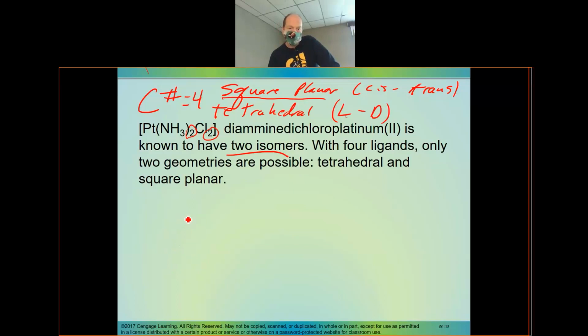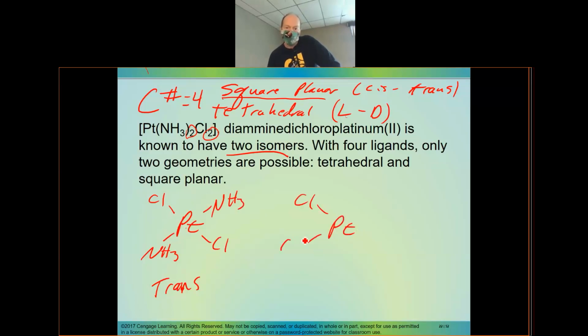And so you will have your platinum, and then you can put your Cls 180 degrees apart, which is then called the trans isomer. Or you can put them 90 degrees apart in a square planar, and that is cis. And so you have your cis and your trans.